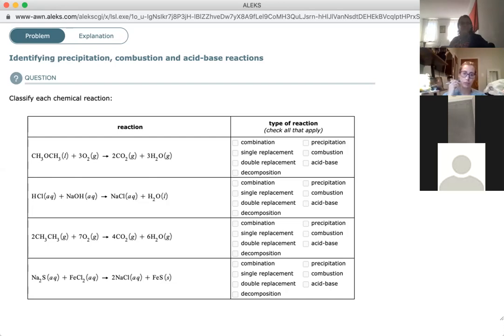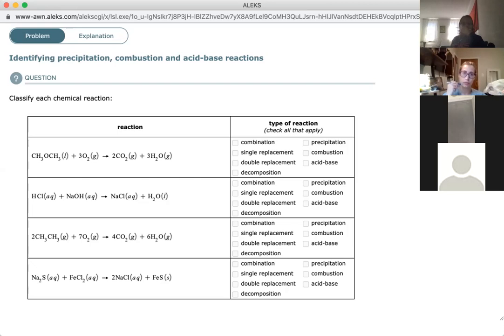So combustion is this: a compound that has carbon and hydrogen. Now, it can have other elements too. It could have oxygen, it could have nitrogen, but it's got carbon and hydrogen. We call that a hydrocarbon, reacting with O2 to form carbon dioxide, CO2, plus water. The amounts don't matter. If it's 2 waters, 3 waters, 2 oxygens, 3 oxygens, it doesn't matter. As long as it's a hydrocarbon plus O2 to give you CO2 and H2O, that's combustion.